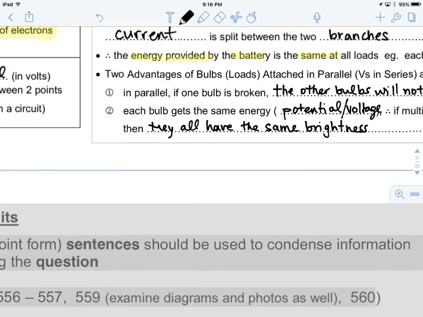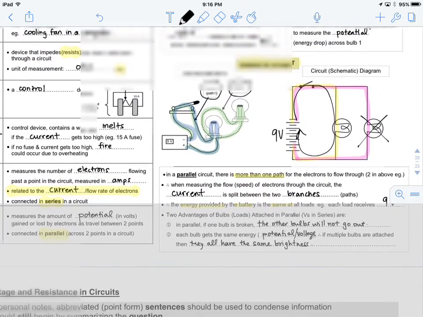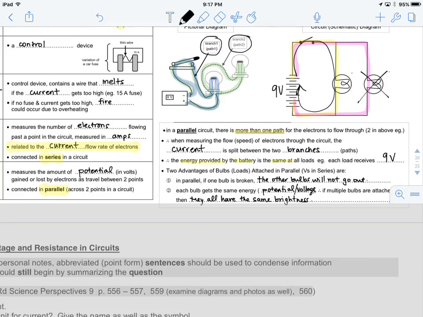Which is an important distinction. When bulbs are placed in series, of course, they will all get dimmer because they're having to split the amount of energy that each of them gets. However, when we're in parallel, that doesn't happen, and they all have the same brightness.